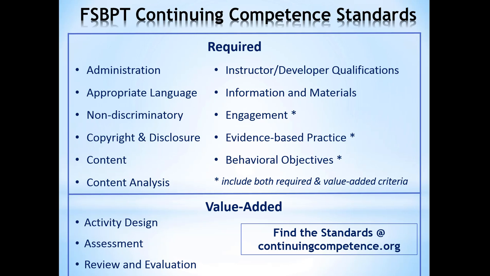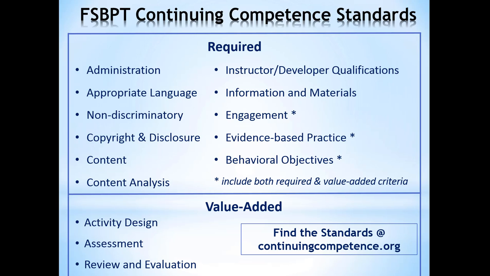So there is a set of required standards that every activity needs to meet, beginning with how the administration of the activity is designed. We look at the content and the content breakdown very closely. Obviously, we look at things like the instructor and developer qualifications, and what information the vendor shares about the activity with prospective learners.